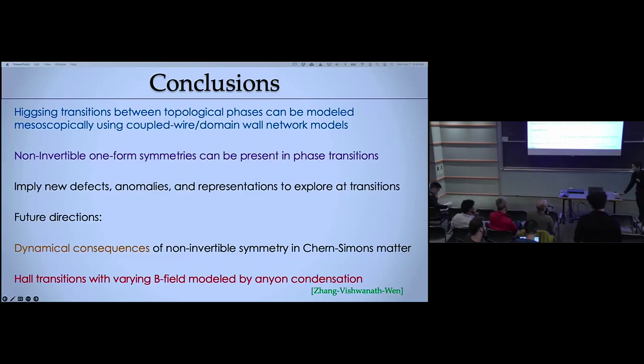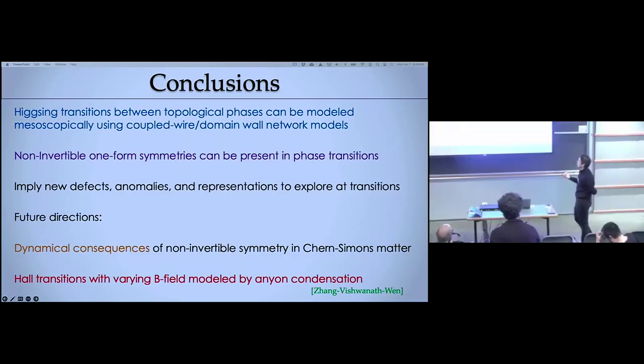I don't know. One of the points of view that we were taking is that, as compared to people who might do a general coupled wire model, where you might say the Hilbert space on each side is your option, if you say I want to hit the Chern-Simons fixed point, you actually have the microscopic Chern-Simons theory to start with. So we try to put the edge mode there that is dictated by the Chern-Simons theory.